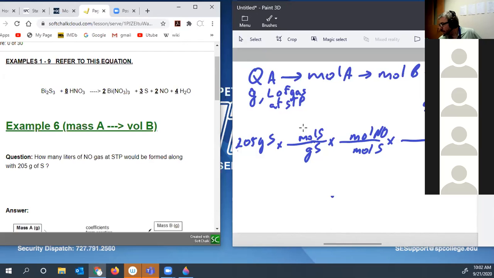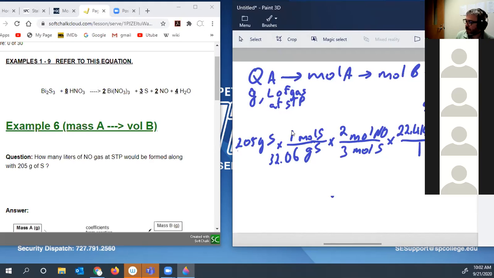So the relationship between moles of sulfur and grams of sulfur, 1 mole of sulfur, 32.06 grams of sulfur. And then the relationship between moles of NO and moles of S, we've got 2 moles of NO and 3 moles of S from the reaction. And then the relationship between liters and moles, 22.414 liters and 1 mole.